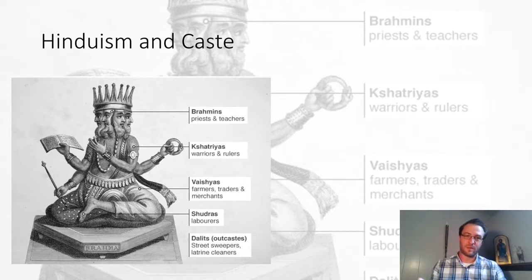All four of them are parts of Brahman's body, which is one of these Hindu gods. So the Brahmins come from the top, right? Then the next ones come from their arms, and then from their legs, and then from their feet. And then the lowest caste, if you can even call them a caste, right, is the Dalit. They're the lowest, they're the outcasts, so to speak.